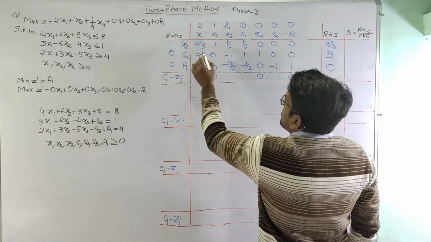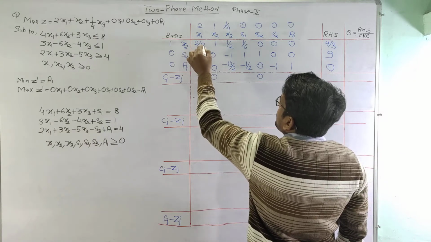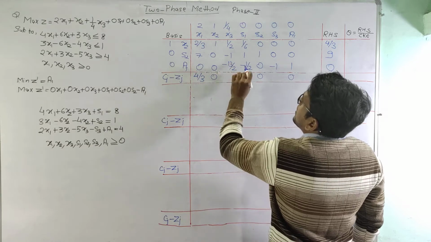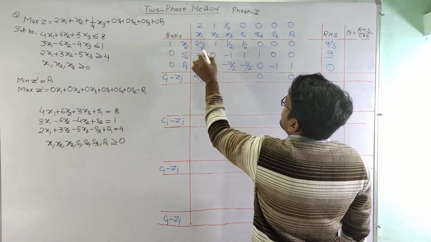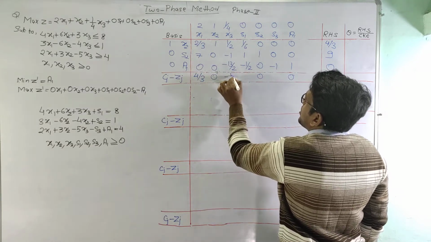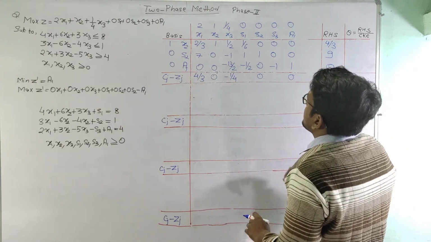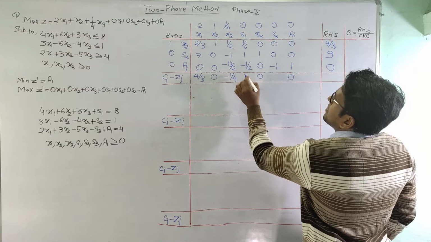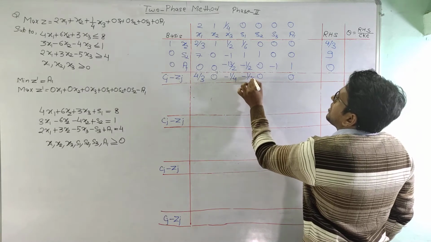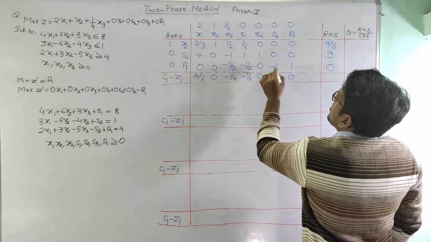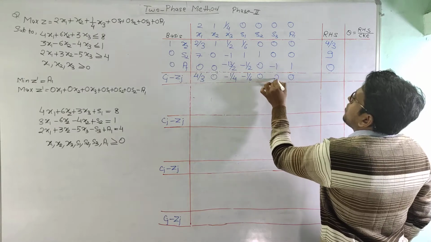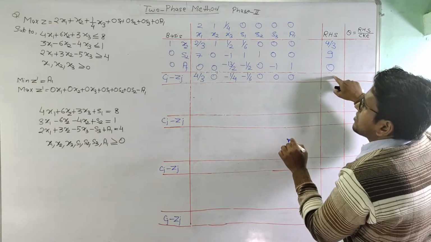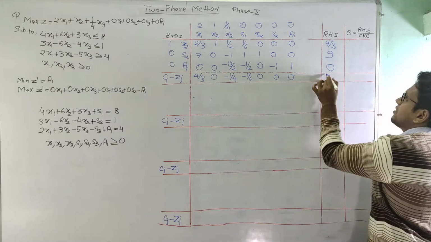Now this will be 2 minus 2 by 3, which is 4 by 3, and this will be 1 by 4 minus 1 by 2, which is minus 1 by 4, and this is 0 minus 1 by 6, which is minus 1 by 6, this will be 0, and the right hand side value, the value of z, is coming as 4 by 3.